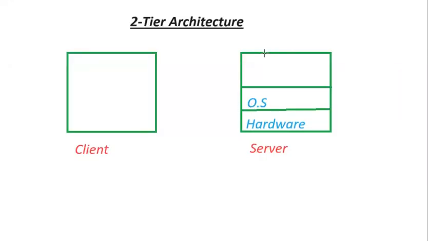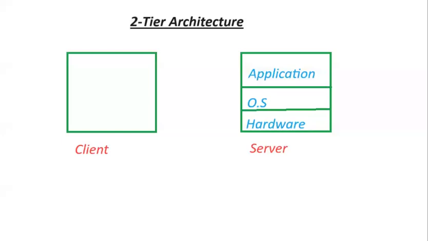On top of the operating system, it also has the application. The application that the server hosts must be present on top of the operating system, right? These are the things present in the server layer, and the client layer is the client's responsibility. We are not responsible for the client layer.